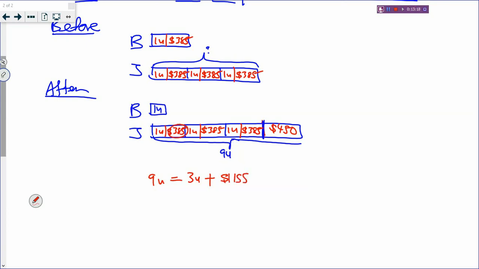You take 385 times 3, and then later you add 450, and that will give you how many? 9 unit is equal to 3 unit plus 1155. So 1155 plus 450, that will give you $1,605, and you take 9 unit minus 3 unit, you will get 6 unit, which is $1,605.